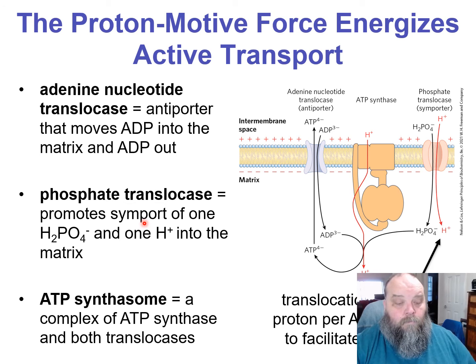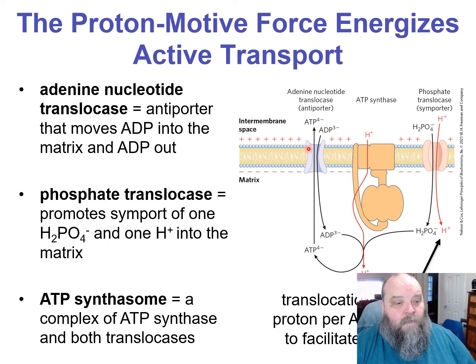So somehow, they need to be moved out. That ATP has to be taken out of the mitochondria. And then once it's been hydrolyzed from ATP to ADP, those ADPs have to get back in.